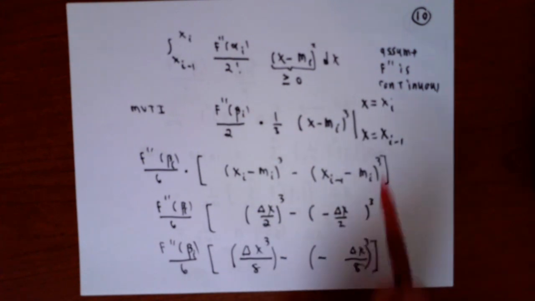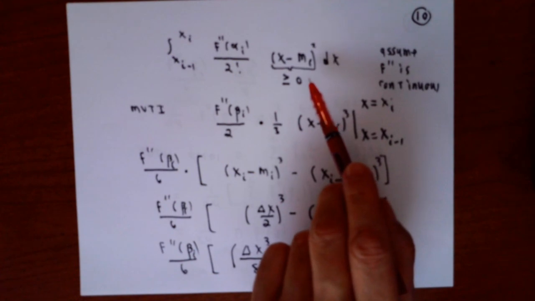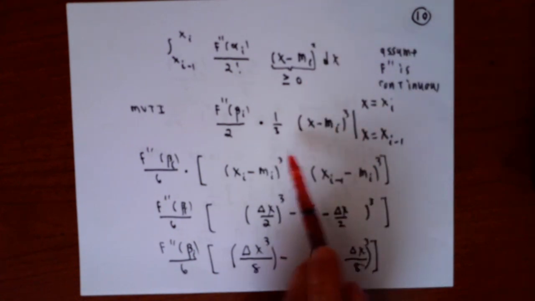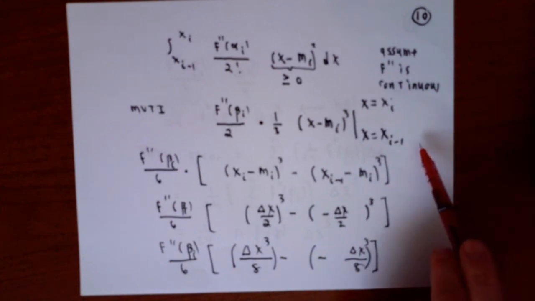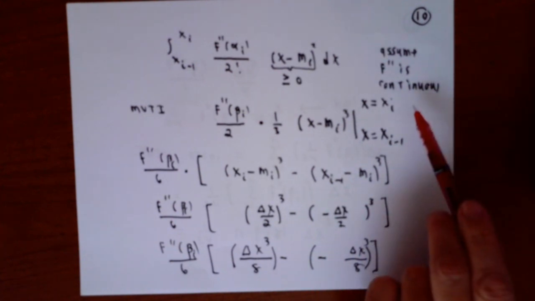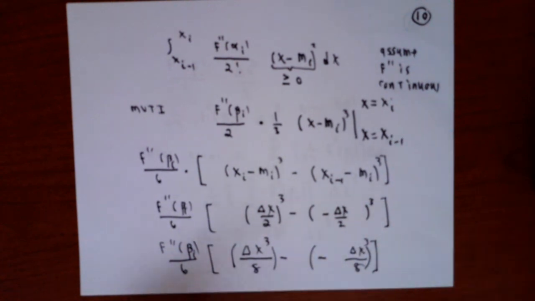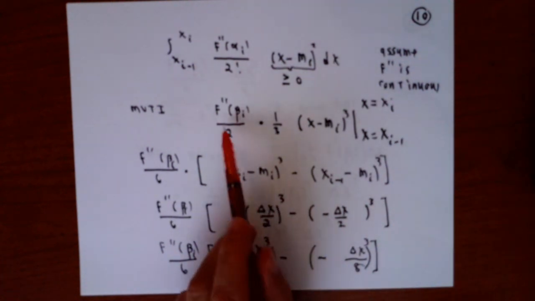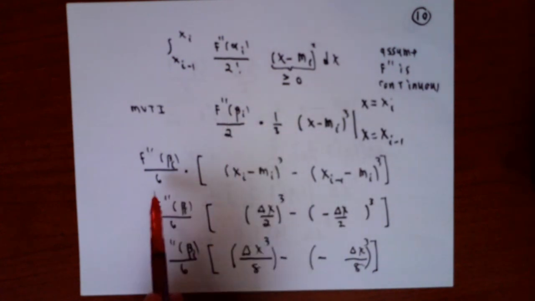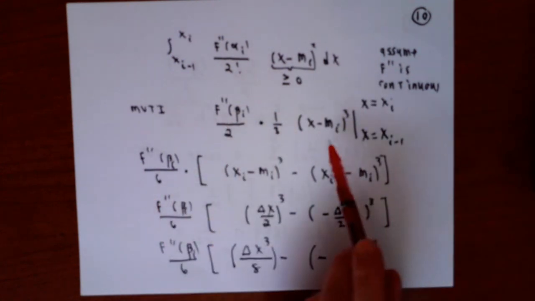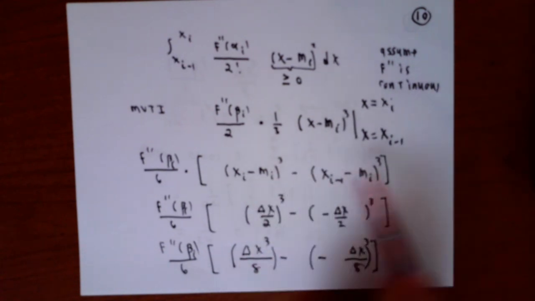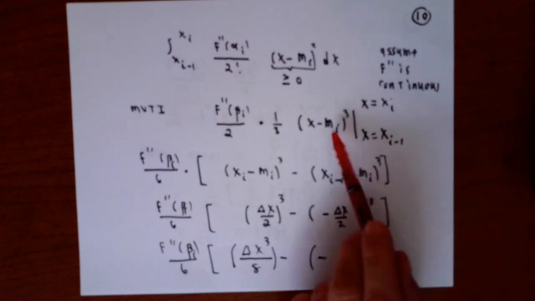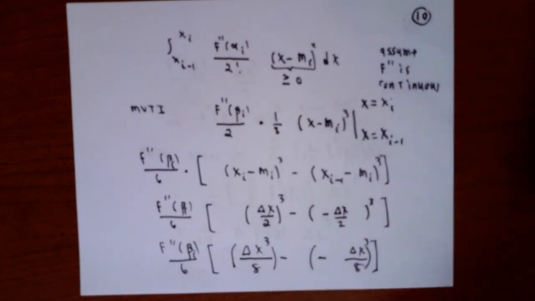Antiderivative of x minus mi squared is 1/3 x minus mi cubed. I have to evaluate that between xi minus 1 and xi. So then I have to do some algebra. F double prime at beta I over 2 times 3 is 6. We'll have xi minus mi cubed minus xi minus 1 minus mi cubed.